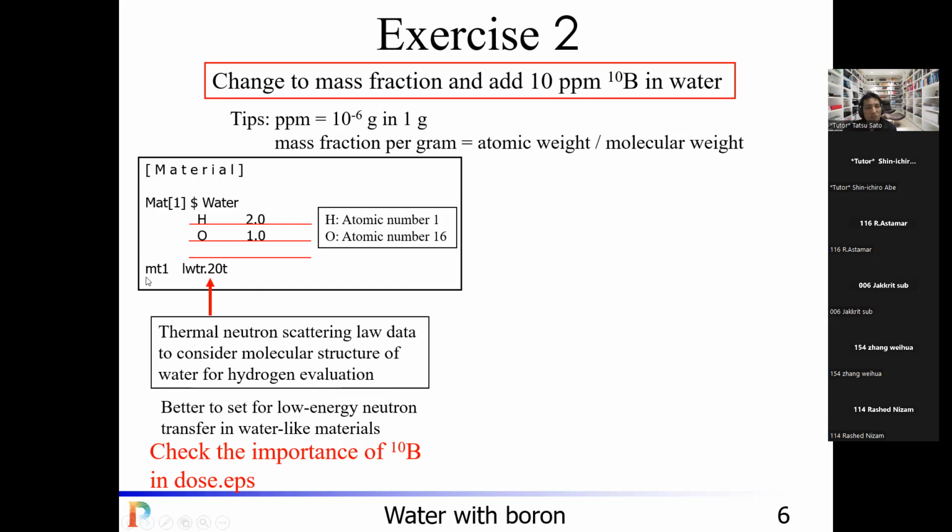In that case, you have to add this line, which indicates light water. That is why we add this line in this input file. But anyway, this is not related to the exercise. So let's do the exercise by changing the mass fractions and adding boron-10.